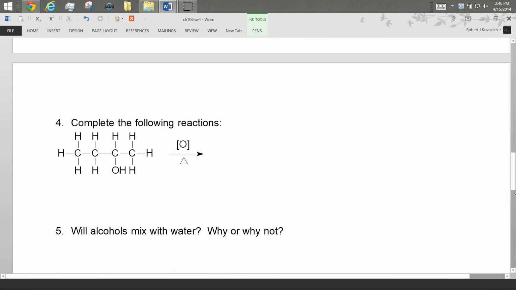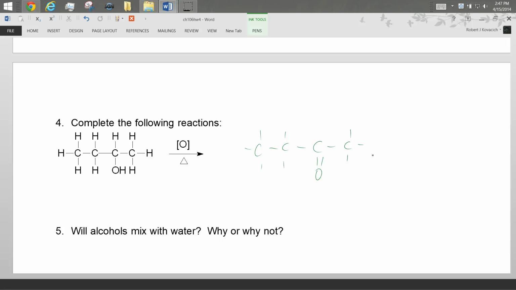So what do we get here if I oxidize a secondary alcohol? We good with that? Can I keep going?